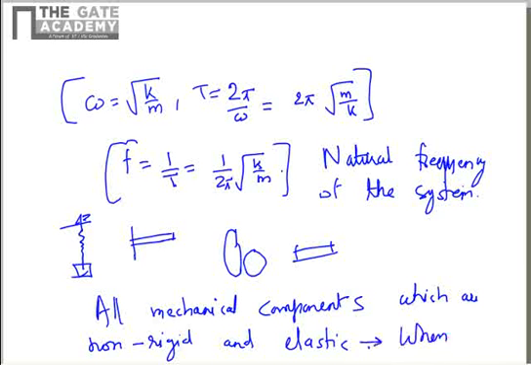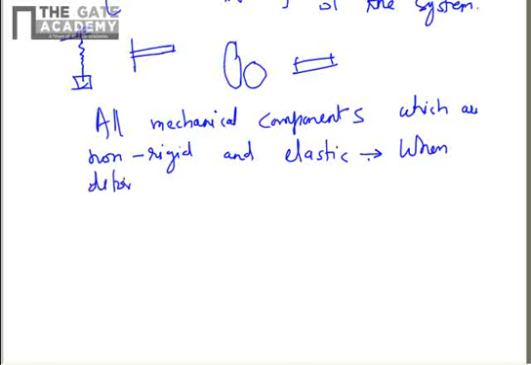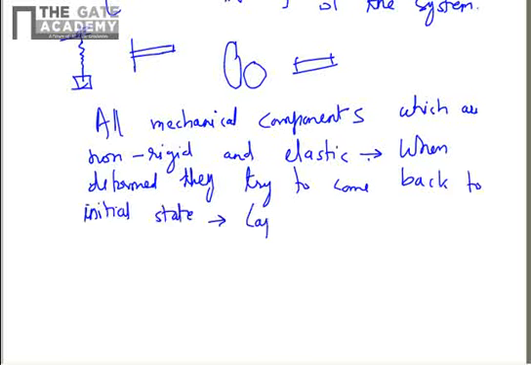So that means when deformed, they try to come back to initial state. All such components are capable of vibration. So this will include mostly all the metallic parts, because metal is an elastic element. When you stretch it, it goes to a deformed state, and when you release it, it comes back to its original position.